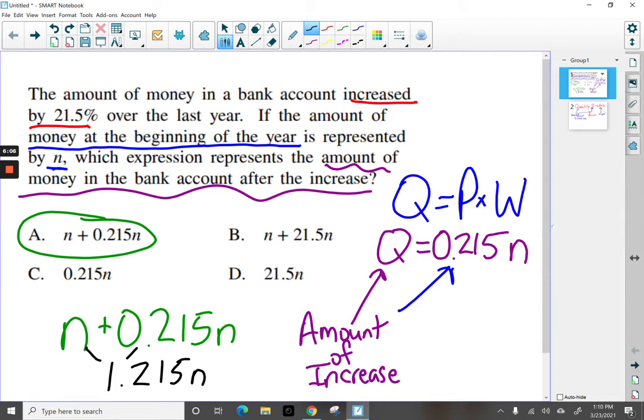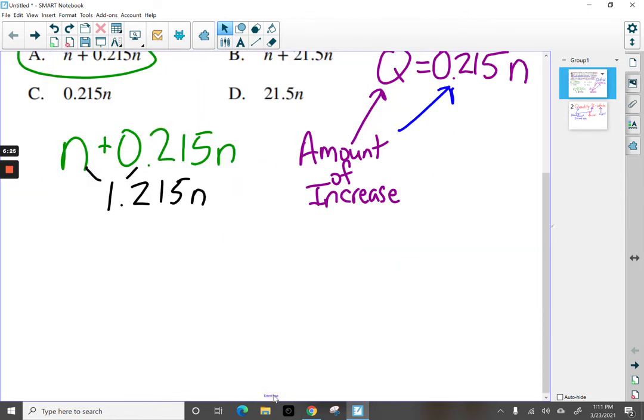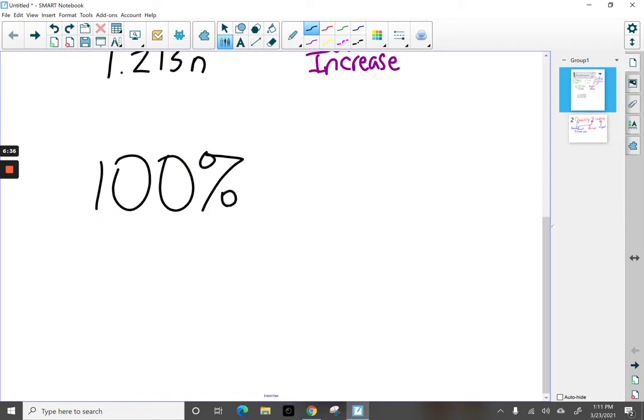Which brings me to the second method of solving this problem, by looking at it as not solving for the amount of increase, but instead saying how much money is now in that bank account. To do that, I'm just going to scroll down here just one second and do a little bit of explaining. Originally in my bank account, we have all my money, 100% of the money.